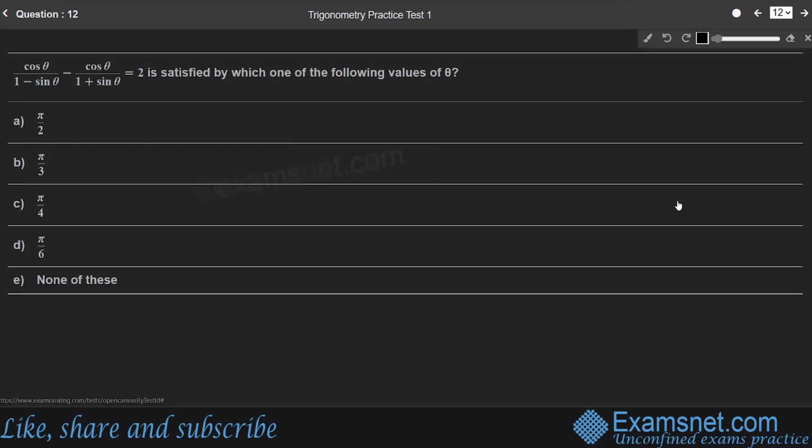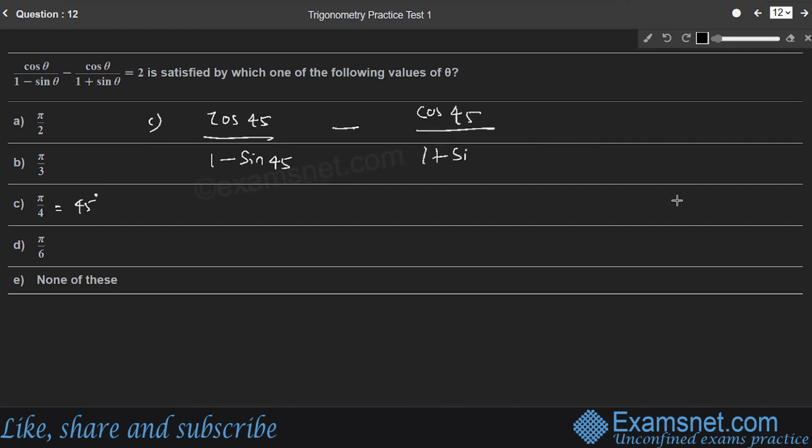So we'll consider option C, pi by 4, right? So cos theta, pi by 4 is 45 degree, right? So we'll consider cos 45 degree by 1 minus sin 45 degree minus cos 45 degree by 1 plus sin 45 degree. So cos 45 is 1 by root 2, right?